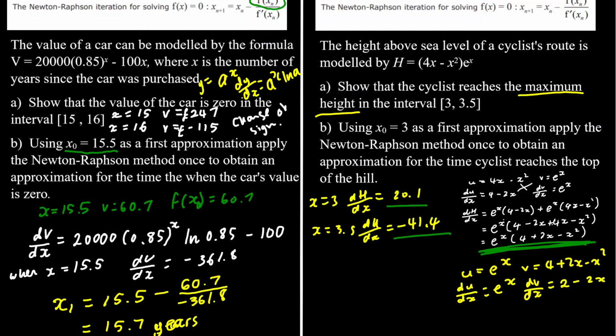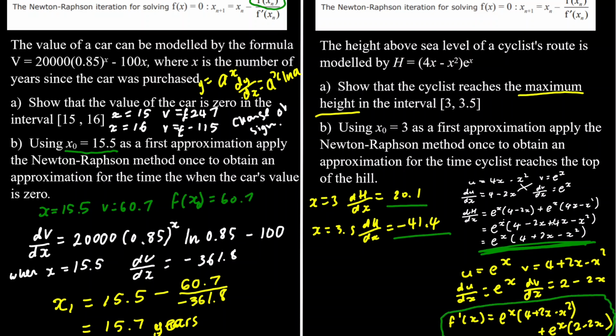So our gradient function is e to the power of x times 4 plus 2x minus x squared plus e to the power of x times 2 minus 2x. So we are going to be substituting our 3 into this gradient function.